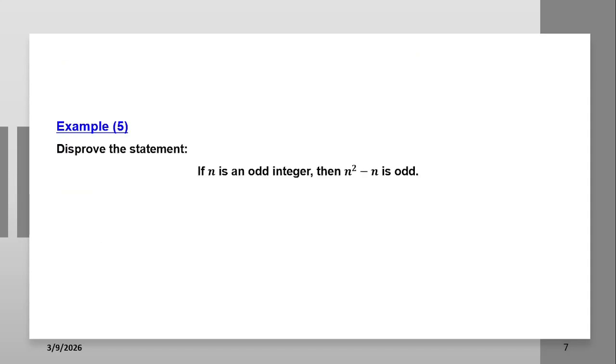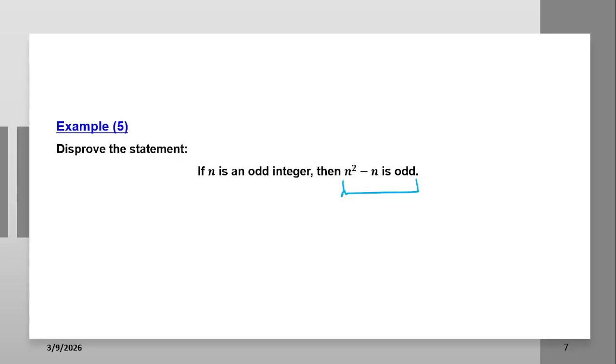In example 5, disprove the statement: if n is odd, then n squared minus n is odd too. So here we are looking for an odd integer n such that n squared minus n is not odd. We need to disprove, not to confirm this statement.